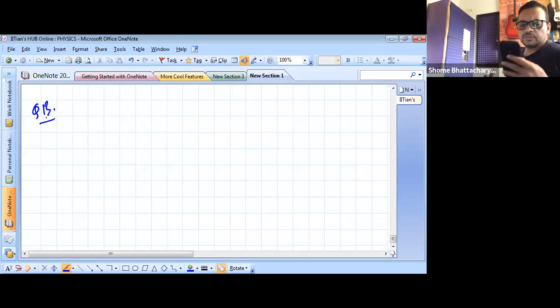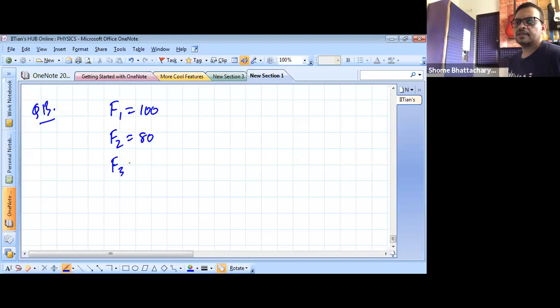Yeah, so in 13th question, they are saying that we have three forces F1, F2 and F3 of 100, 80 and 60 acting on a particle. F1's magnitude is 100, F2's magnitude is 80, and F3's magnitude is 60.